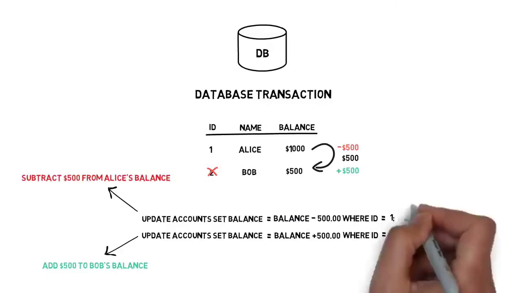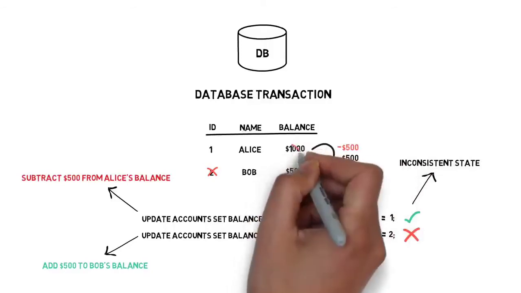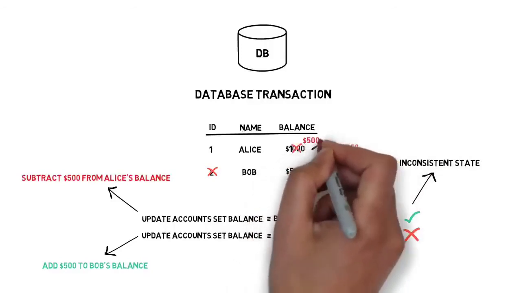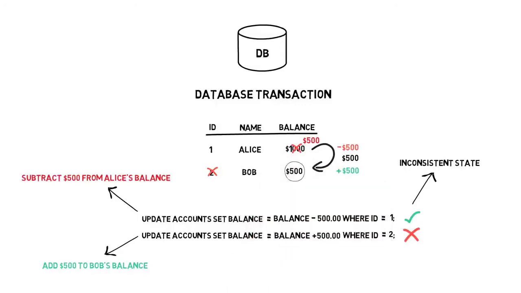If this happens, we would end up in an inconsistent state with Alice's balance equal to $500 and Bob's balance also equal to $500. To avoid situations like this, we have to use transactions. In the above situation, in SQL, we just need to wrap both statements with begin and commit keywords.